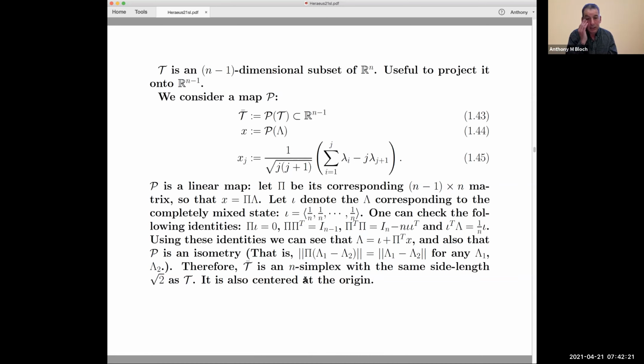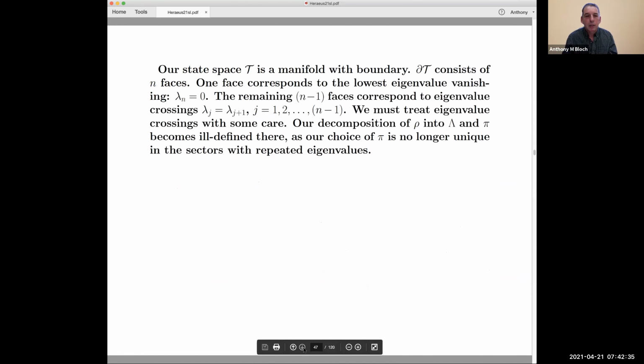So P here is a linear map, and Pi is its corresponding matrix. If I let I here represent the corresponding mixed state, you can get a couple of nice identities, and you end up with a very nice explicit equation for the dynamics of the system on T, which is a manifold with boundary.